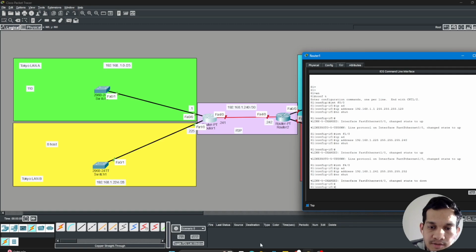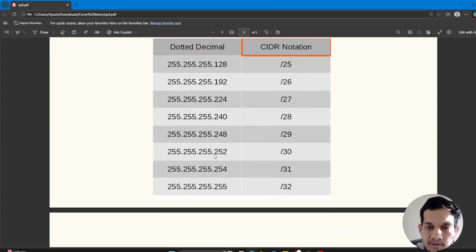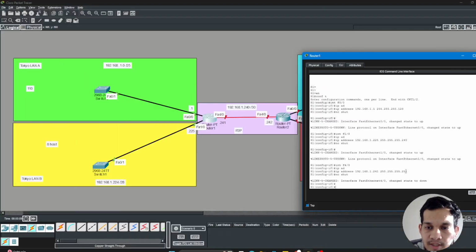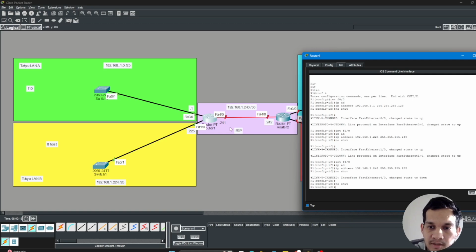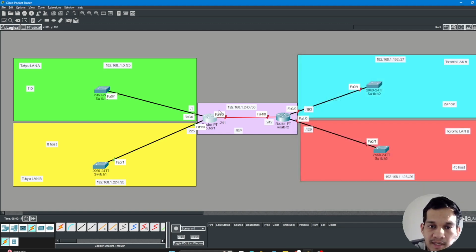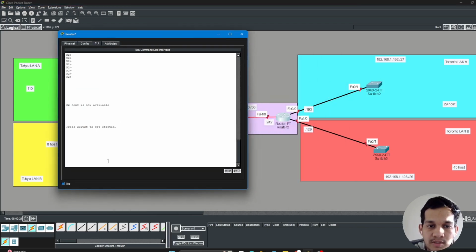Let's verify /30. We were correct, 240. So we have successfully configured 3 interfaces on router 1.